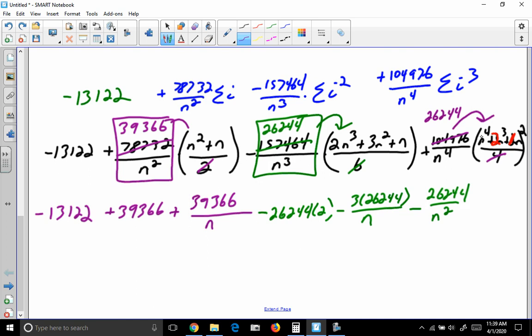So when we distribute this times that, the fourths cancel, and that leaves us 26,244. When we distribute it times that, n cubed will cancel most of those n's out.